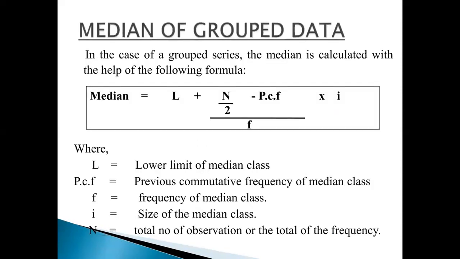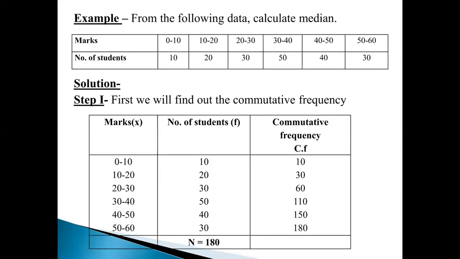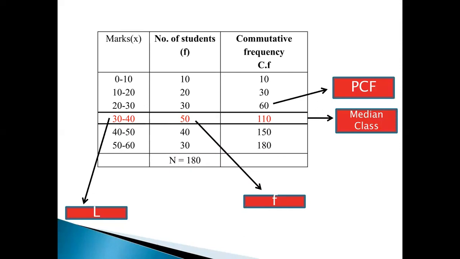As per the formula, we require the lower limit, N by 2 which we already calculated, minus PCF which we calculated, divided by f, and i. So by putting these values, we get L as 30, f as 50, PCF as 60, and N we already know is 180.